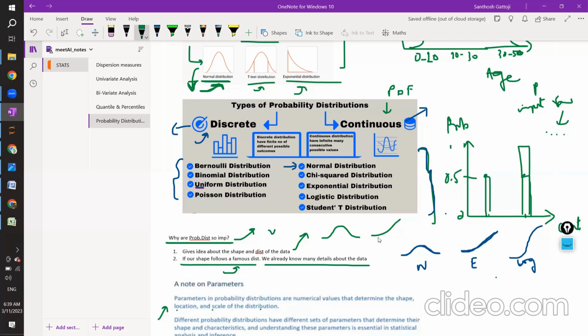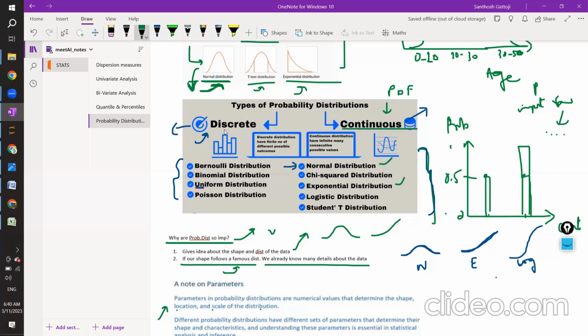In exponential, you cannot see any downfall; it is always increasing. That is why different distributions are required to study different types of continuous variables. For this one we will go for the normal distribution based upon its shape and behavior, and for this one we will go for the exponential distribution. That is why there are different types of distributions inside the same continuous variable.